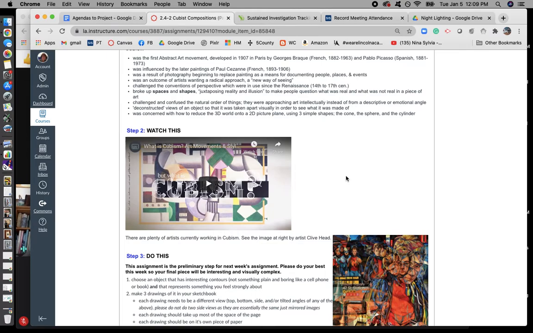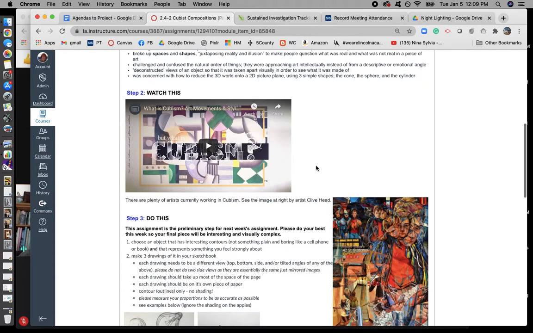And they deconstructed objects. They took them apart visually so that they could see how they were made. You would see all different sides of them. And their major concern was how to reduce the three-dimensional world onto a two-dimensional picture plane. How do you show something that is 3D as something that's flat?